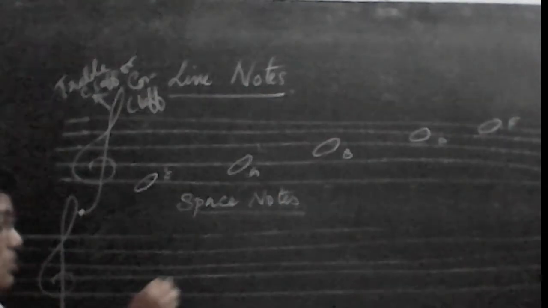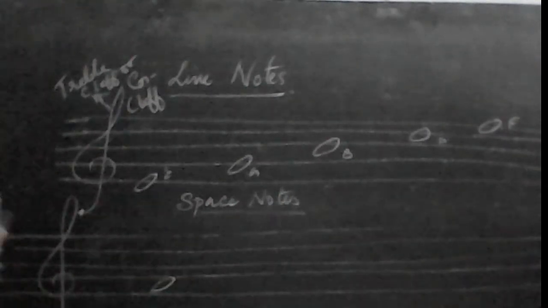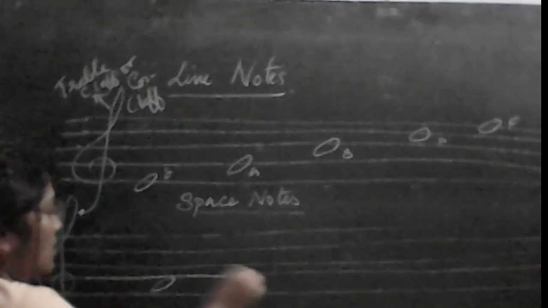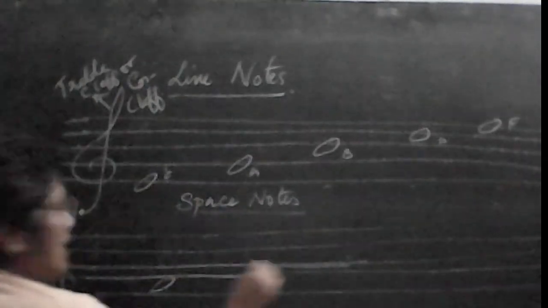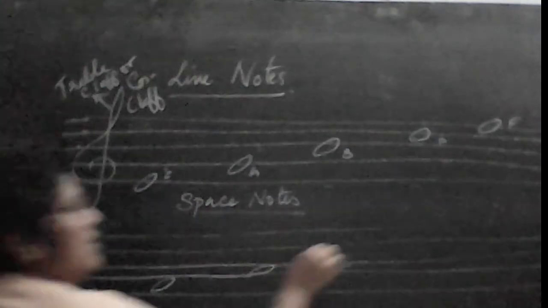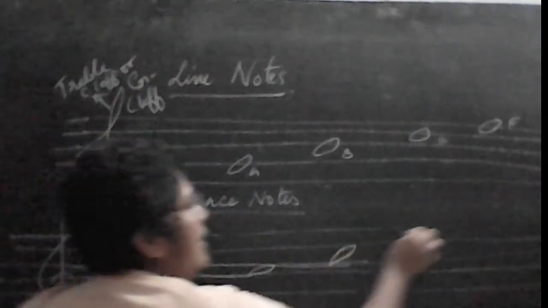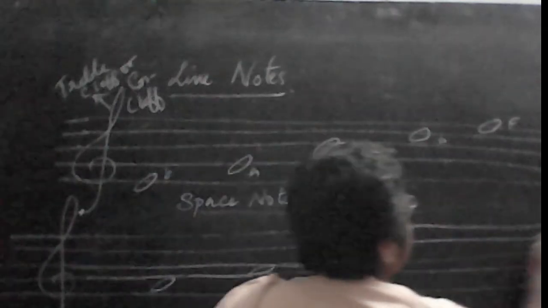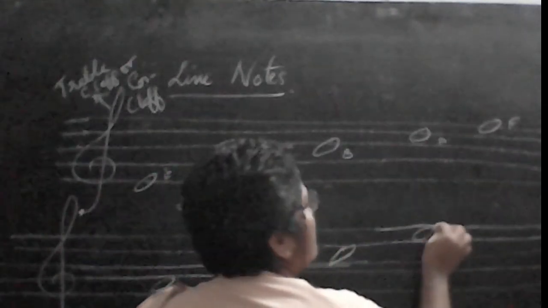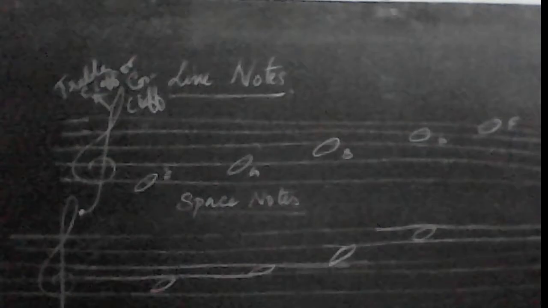The first space note. Can you see the first space note? There are again 5 lines here. Second space note. Third space note. And fourth space note. Can you see?